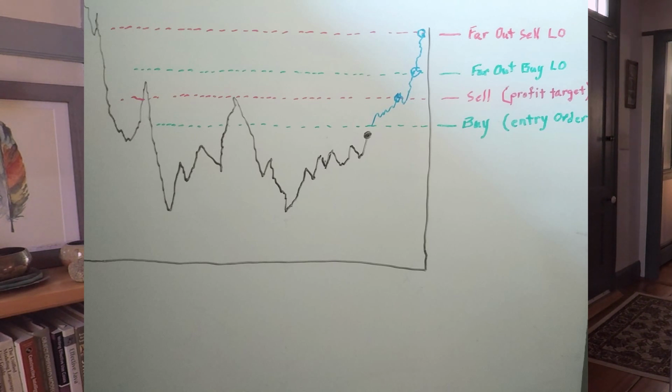Now I've got a far out buy limit order at, let's say, 1040. And it could go all the way down to 1010, and you're going to drop 30 pips before you can get out.